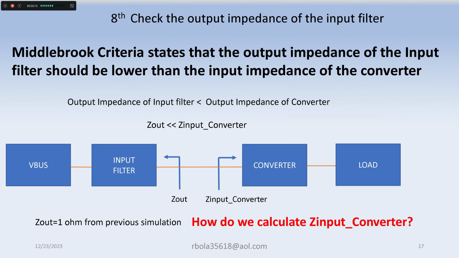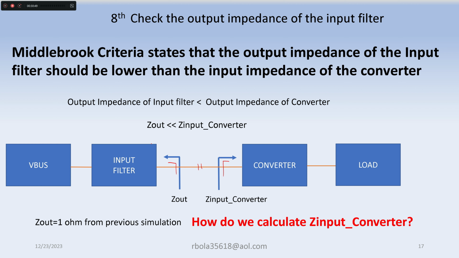Okay, so now I'm going to go ahead and define the Middlebrook criteria. Basically, if you were to break the input filter from the converter and then look at the output impedance of the input filter, and do the same thing and look at the input of the converter, you can measure or analyze those circuits.